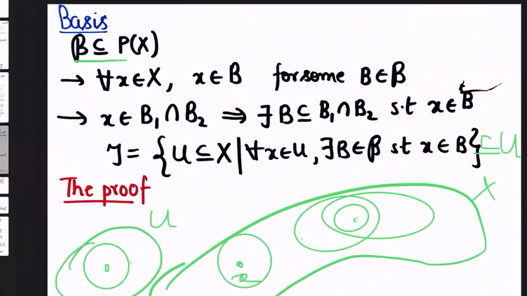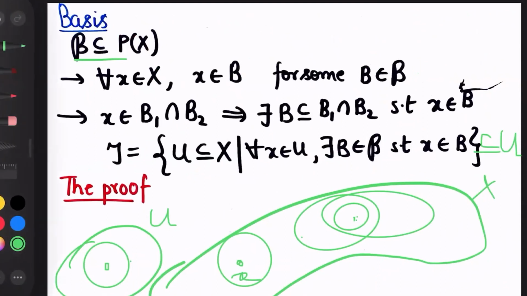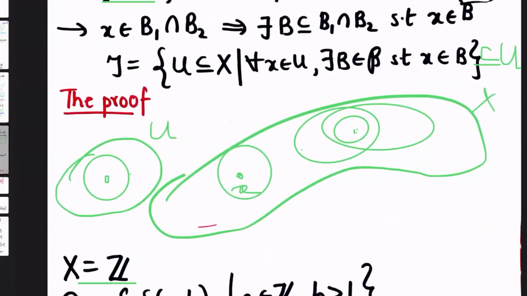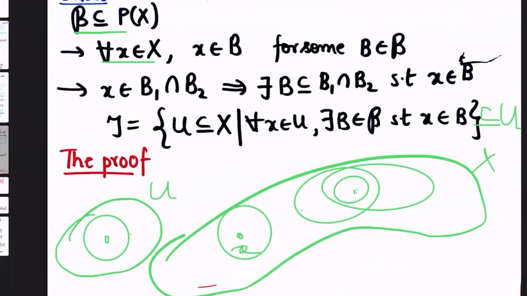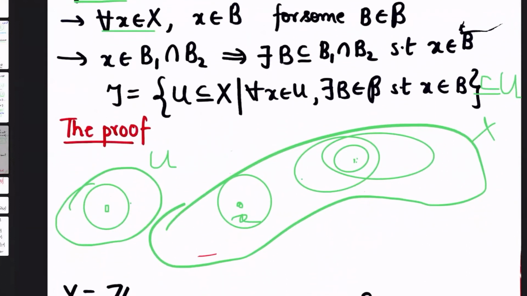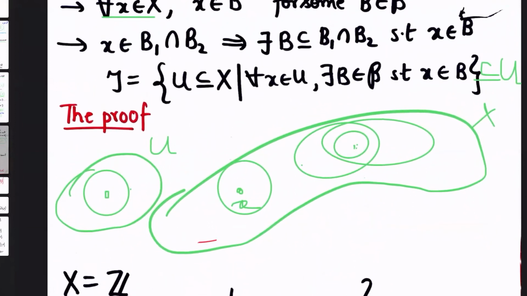Firstly, any point in the space should be coverable by some basis element. Our space is the set of all integers, so for any integer we should be able to find some S_{A,B} such that my integer belongs to it. As we observed in our first observation, this S_{A,B} always contains A.